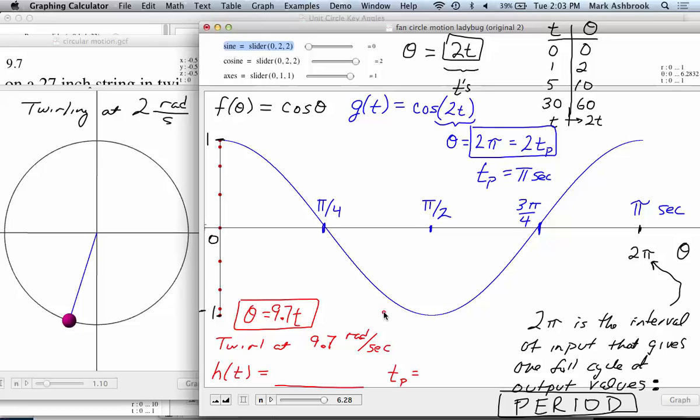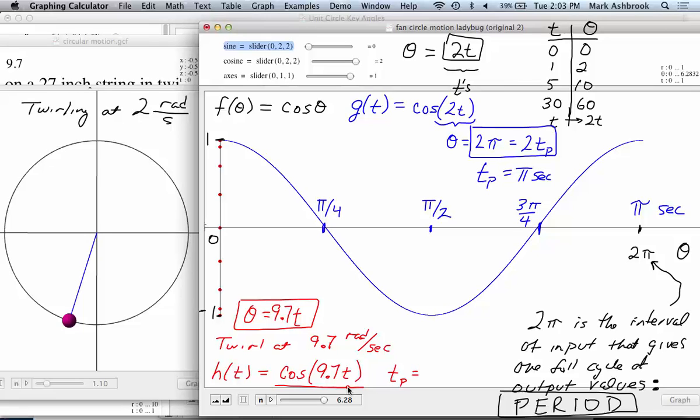So what can we write for the function h? Nina? It would be the cosine of 9.7 times t. Okay, in that rule for the function h, what does 9.7t represent, Brian?